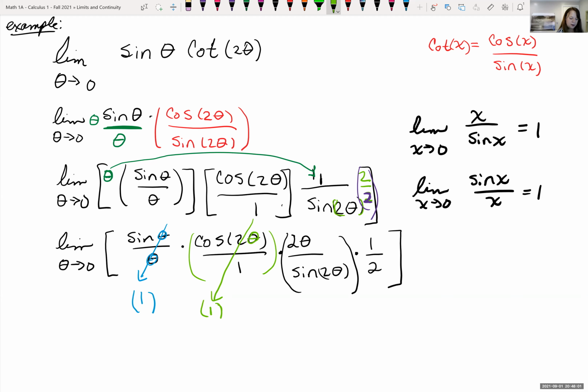So that piece goes to 1. You saw that again, as long as the argument of the sine that we're taking is the same as what we're dividing by, this also went to 1. And the limit of a constant is always just that constant. And so this piece went to 1/2. So now we didn't get an indeterminate form, like we would have originally gotten plugging in that 0. You have 1 times 1 times 1 times 1/2, which is 1/2.